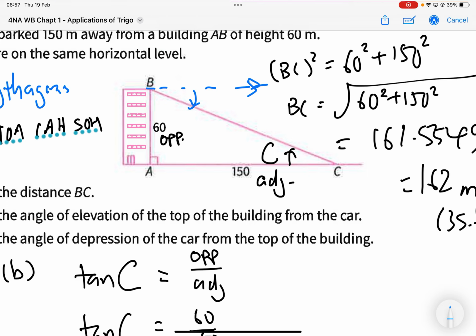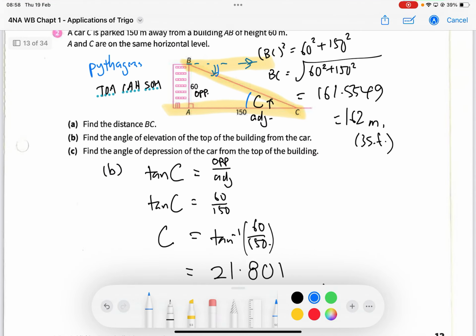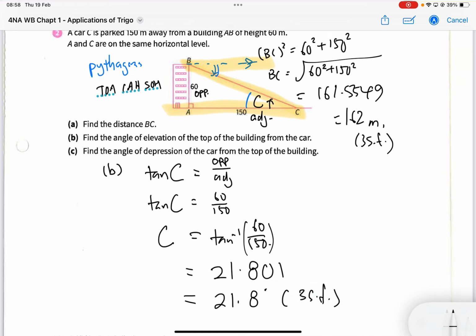Okay? Then horizontal line, there is a Z over here. Meaning this angle is the same as this angle. Alternate angle, parallel line. Okay? So the angle of depression is actually the same as this angle of elevation.